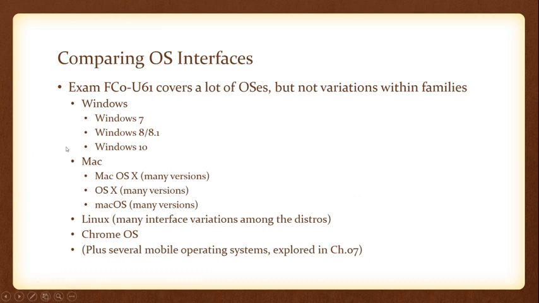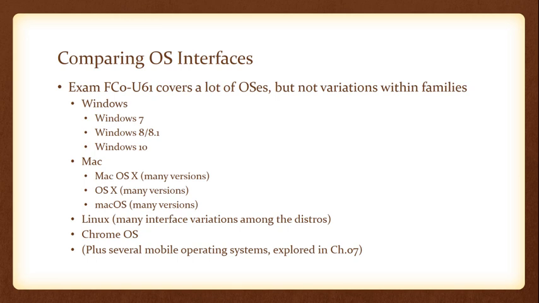Now, when we talk about the different types of operating systems, the exam covers a lot of them, but there's not a lot of variations within the family. So we're going to cover mostly 6 different operating systems in this video. We have 3 for Windows. We're really only going to talk about 1 of them for Mac, 1 for Linux, and 1 for Chrome.